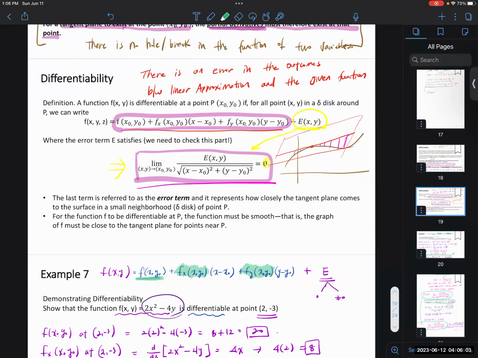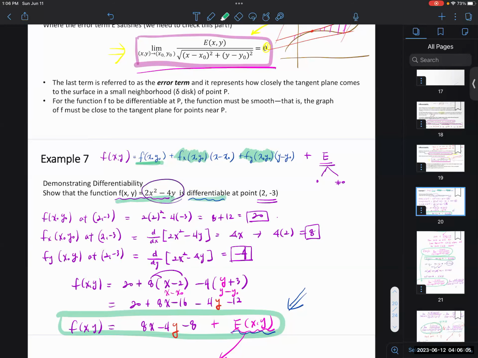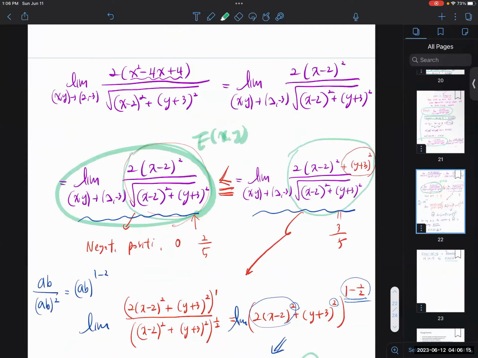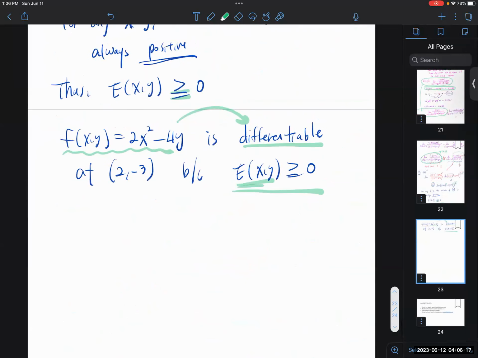We are checking whether this function is differentiable or not, which means at that moment there's no hole and no break. We just check that there's a possibility the error can be equal to 0. Therefore, at (2, -3), this function has no hole and no break.